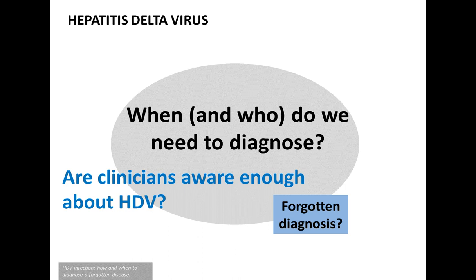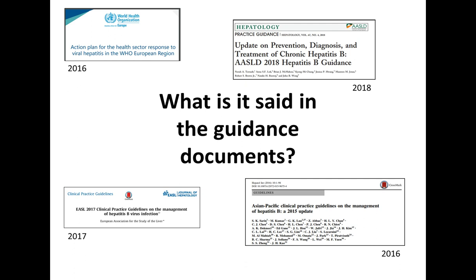Then, when and who do we need to diagnose the hepatitis Delta infection? The first question we have to ask is, are clinicians aware enough about hepatitis Delta virus? What is said in the guidance documents? Well, there are no specific hepatitis Delta virus guidance documents in the main clinical societies.